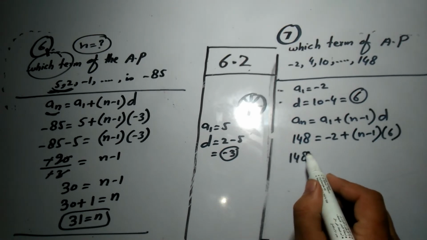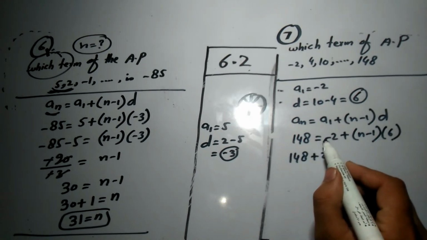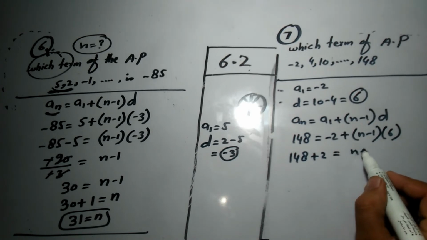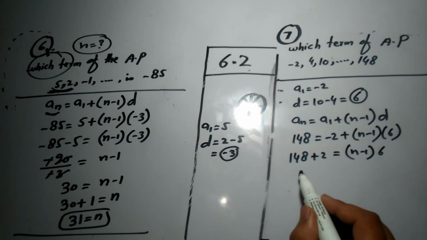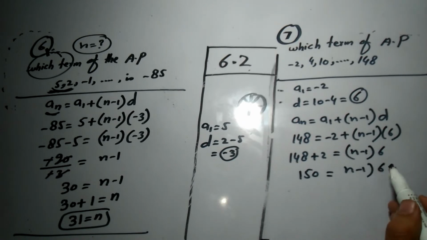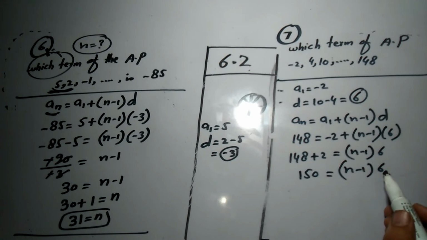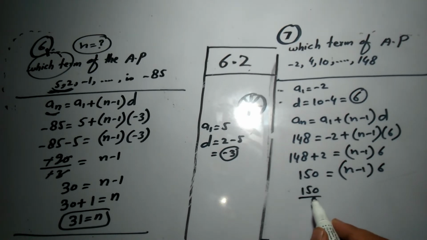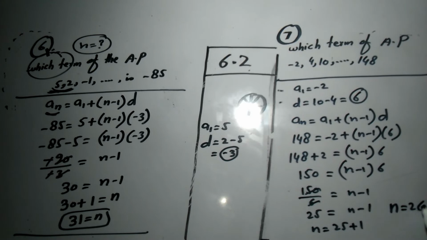So 148 plus 2, this minus 2 here will become plus 2, is equal to n minus 1 times 6, so 150 is equal to n minus 1 times 6. Since 6 is multiplied here, 150 over 6 will be equal to n minus 1, this is equal to 25 is equal to n minus 1, so n will be equal to 25 plus 1, which is equal to 26.